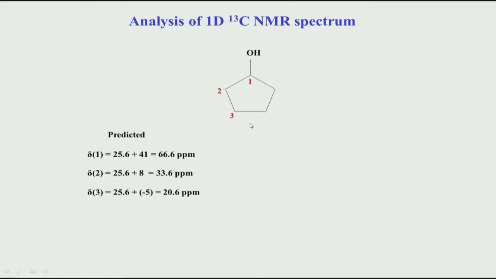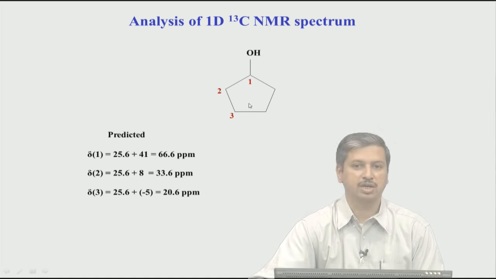So, let us look at another cyclic system. For cyclic systems also there are a set of rules given in the book, and again the idea here is just an illustration. Suppose I have a system like this. In this case, this carbon is directly attached to oxygen, so this is the base value given in the book, and on this base value I add the contribution because of this OH.